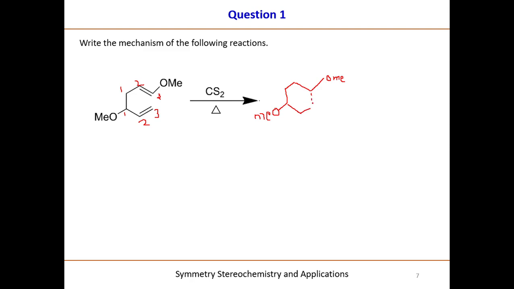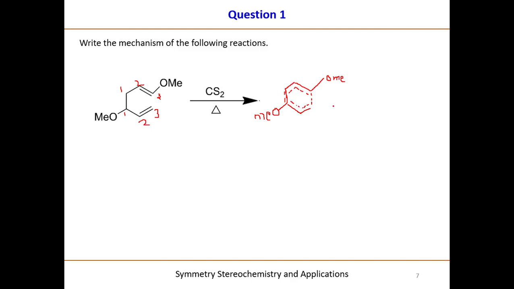This is bond formation. This is bond breaking. Here also bond breaking. The 2, 3 bond will break and the 1, 2 bond will form. And this is also a dotted line. Don't consider this a full line. And this is the transition state.